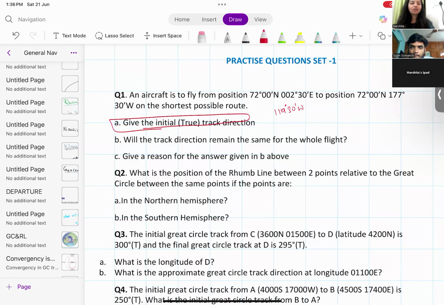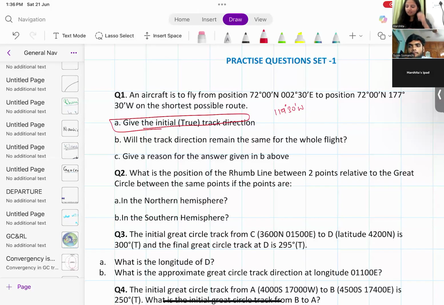First, when we look for the shortest distance possible, the first thing we look at is: are the 30 minute longitudes on the meridian and anti-meridian? They are on the meridian and anti-meridian, right? Yes, ma'am.